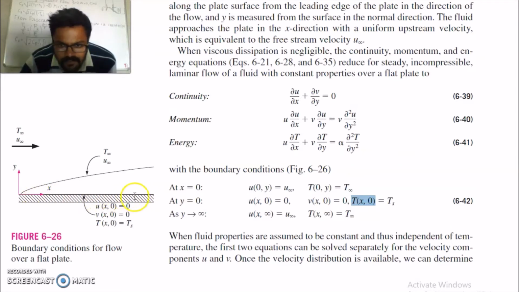This is the surface temperature Ts. When y tends to infinity, at this location, u(x, infinity) is u infinity for all these values, and T(x, infinity) is also T infinity for all these values.